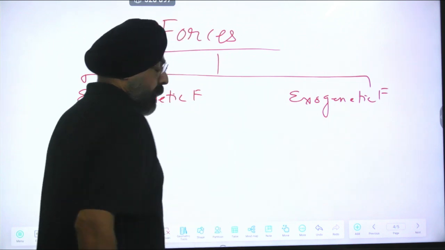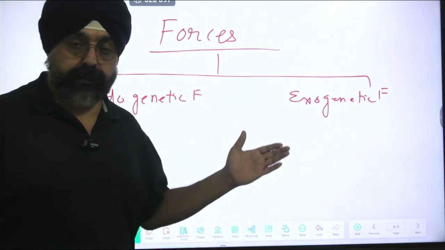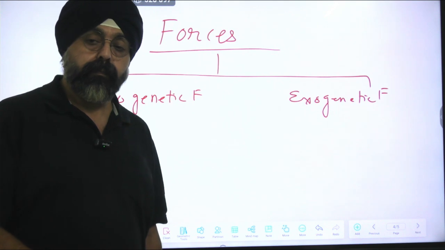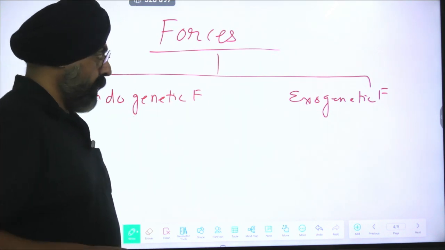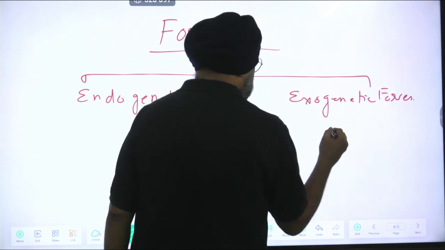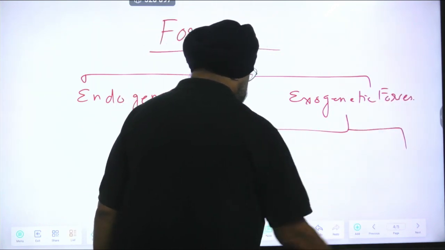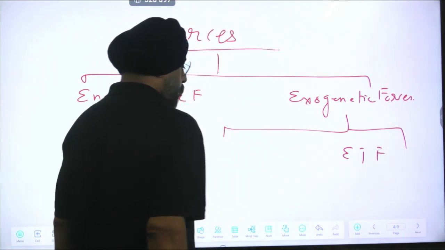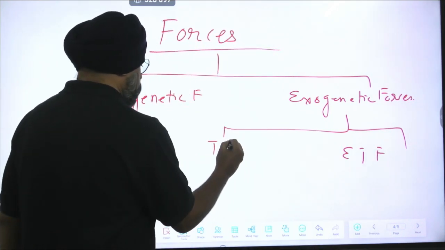You draw this diagram on the 2 pages here. We have to complete this diagram. Now here we have 2 types. These are the extraterrestrial forces and these are the terrestrial forces.